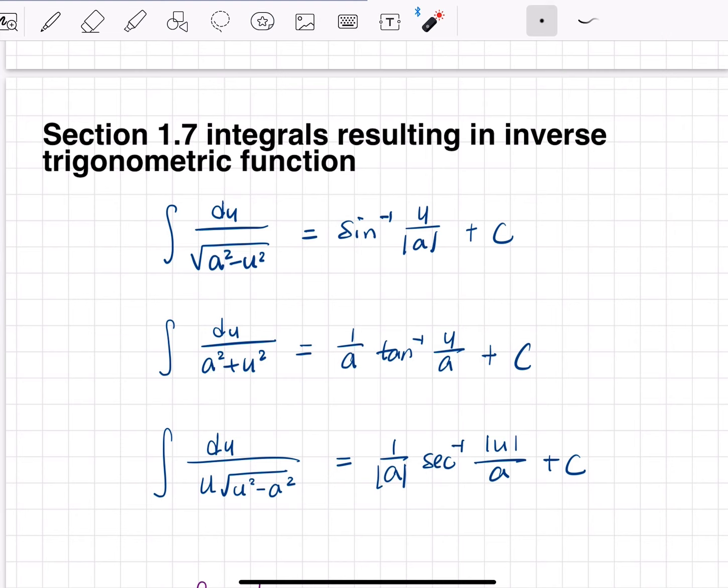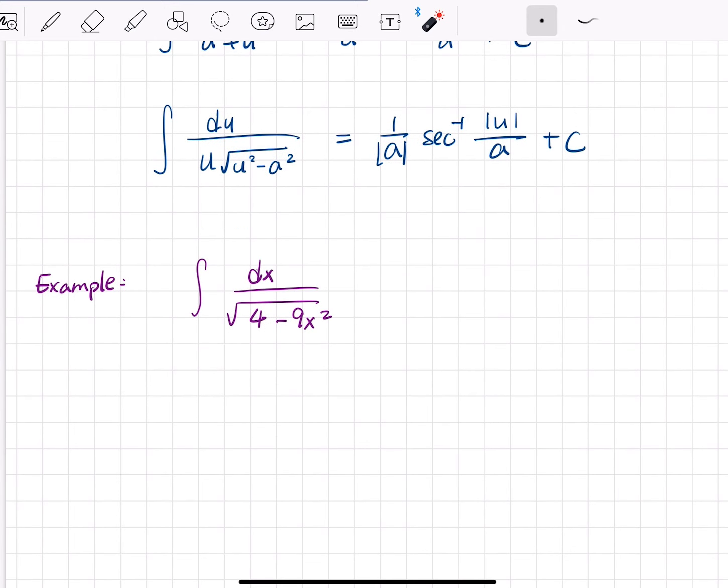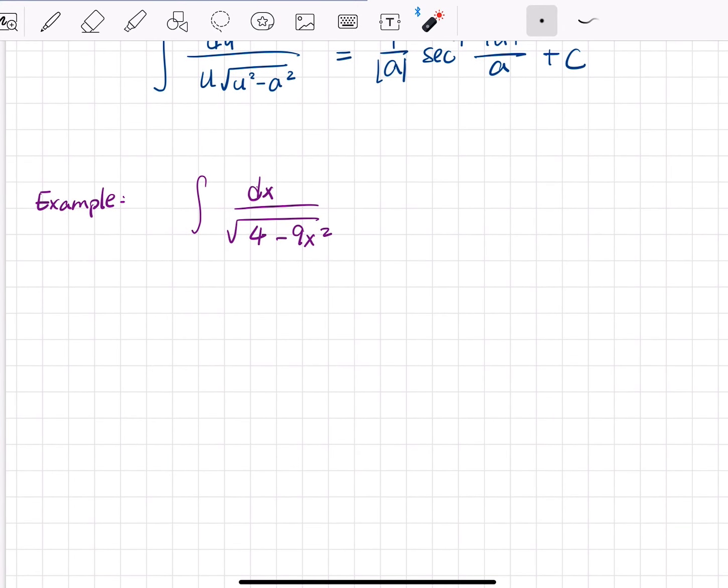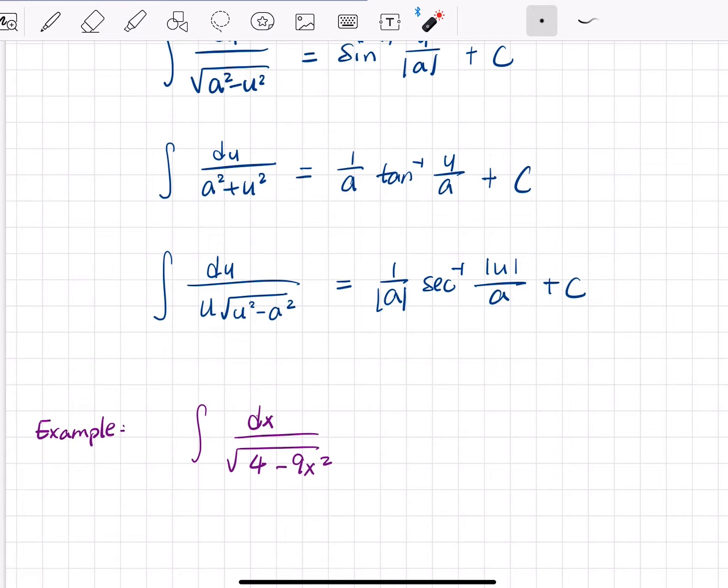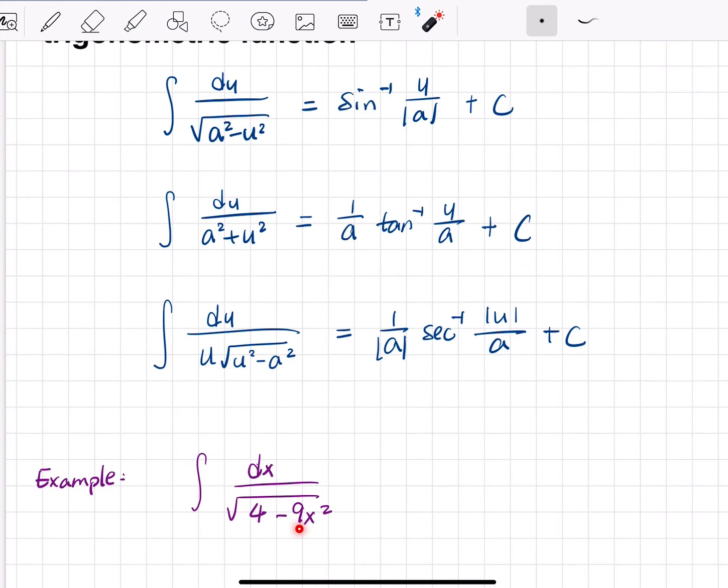So let's look at some of the examples we have here. The first one, I want to find the integral of dx over square root of 4 minus 9x squared. We can see that this one is very similar to the first formula, square root of a squared minus u squared.